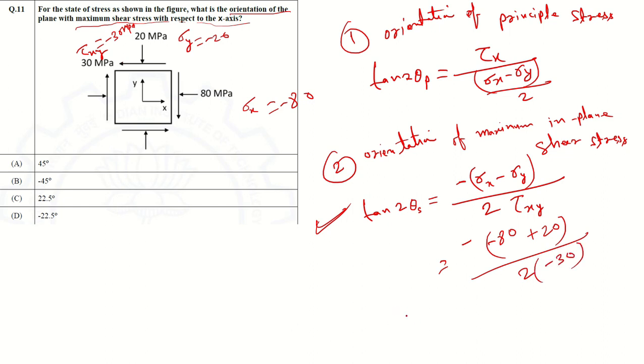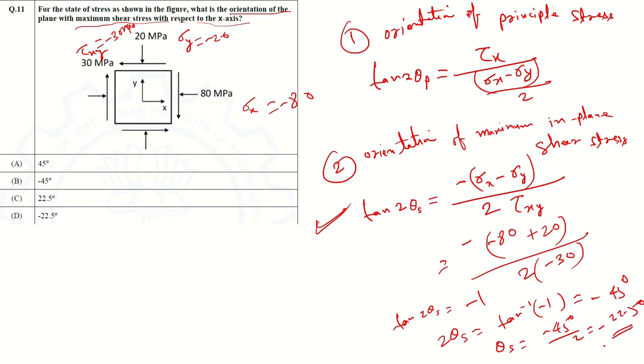Finally when we solve this, we will find tan 2 theta s is equal to minus 1. So 2 theta s is equal to tan inverse of minus 1, which is minus 45 degrees. So theta s is equal to minus 45 divided by 2, that is minus 22.5 degrees. So D is the right option, right?